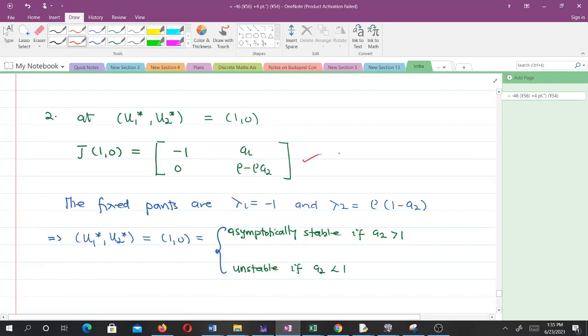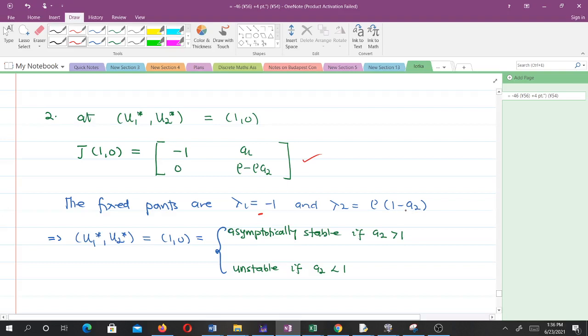And when you find the eigenvalues, you will get lambda 1 to be minus 1 and lambda 2 to be rho multiplying 1 minus a2. So you realize that this is negative, right? And for the fixed point to be asymptotically stable, both of them should be negative.